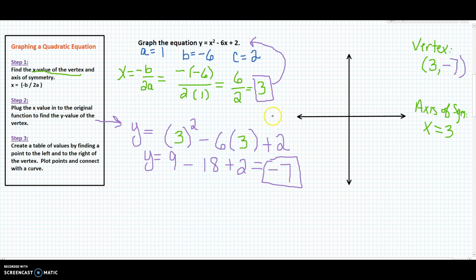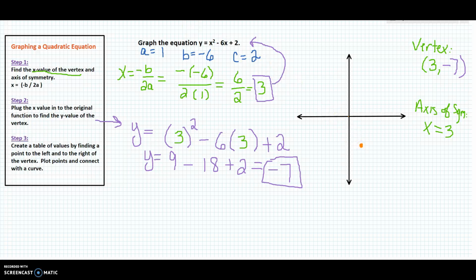We can go ahead and plot the information that we know so far. So my vertex is at 3, negative 7. On my graph, the origin is always 0, 0. So I'm going to go 1, 2, 3 over, and 1, 2, 3, 4, 5, 6, 7 down. So 3, negative 7 is my vertex.